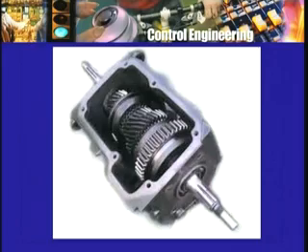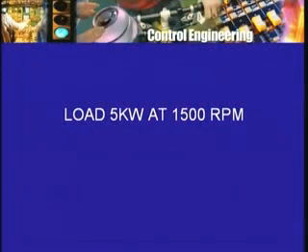But it may be the case that you don't have a gear train, and therefore you may have to operate a load at a lower speed than the 1500 rpm, and perhaps with a greater torque. It may not be possible to produce more power than what the motor is designed to do.